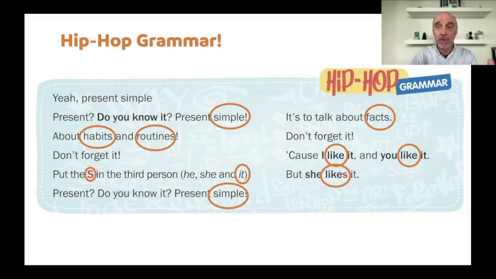There we go. That's within the student's productive range. They don't need to join in with everything, but they are paying very close attention to the lyrics because they need to follow and know when they need to join in, and where they're joining in are really the key elements of the lyrics, which will help them remember habits, routines, S, it, simple, facts, likes.